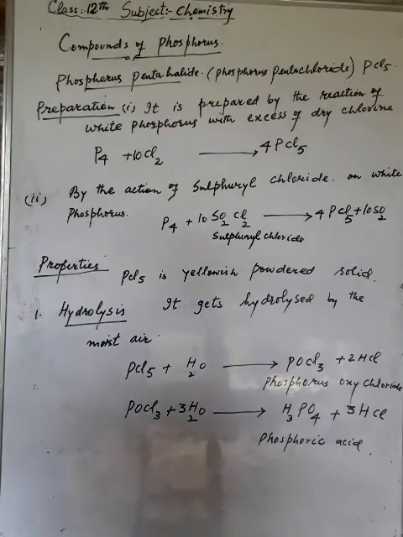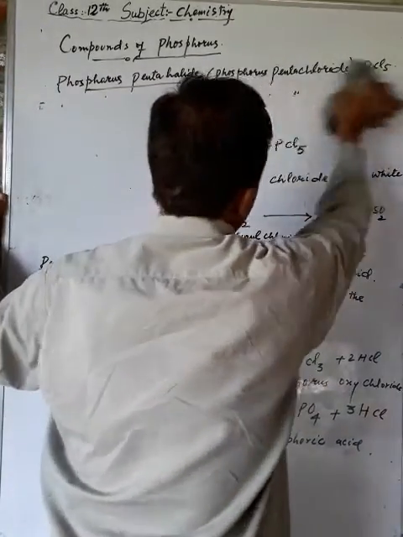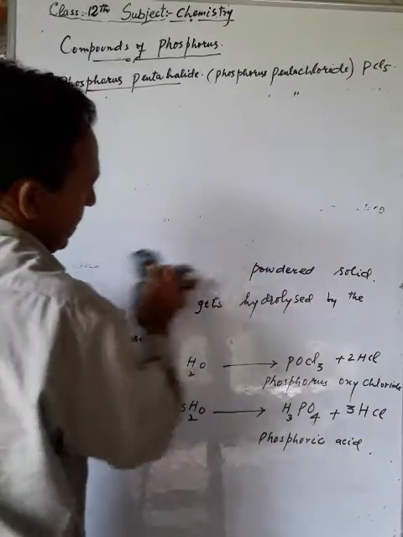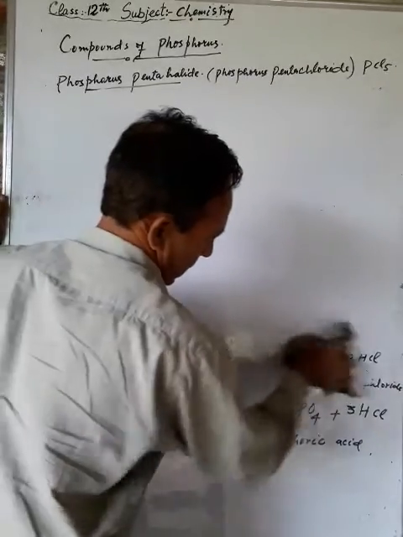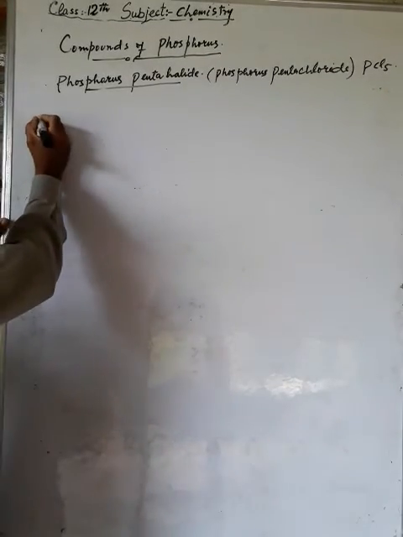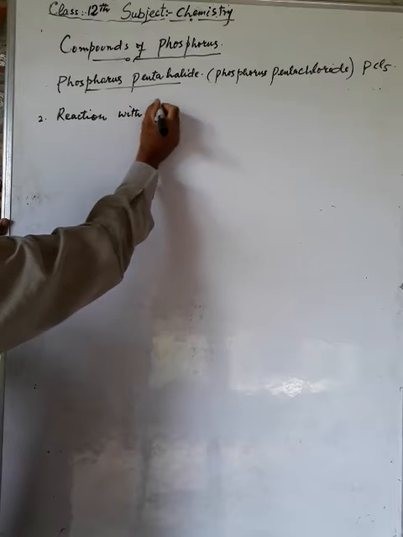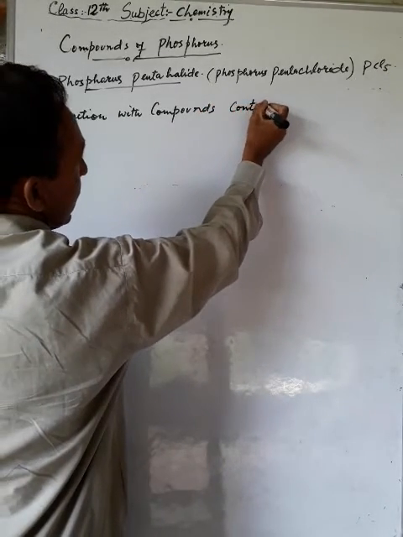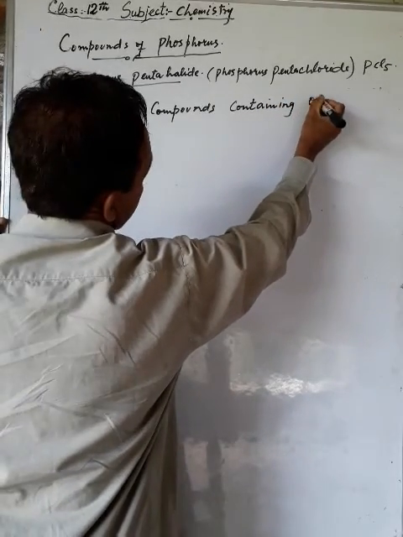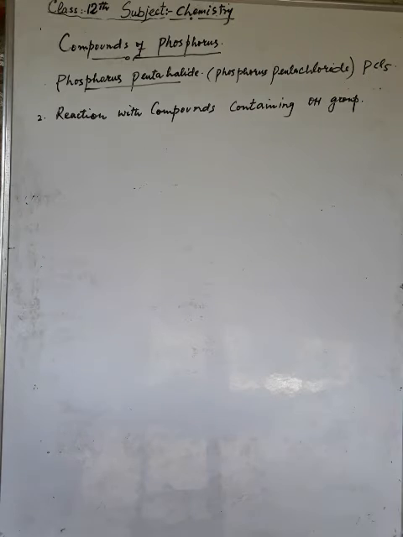Now next property is the reaction of PCl5 with the compounds containing OH group, like carboxylic acid, and in carboxylic acid we will take acetic acid, or alcohols.